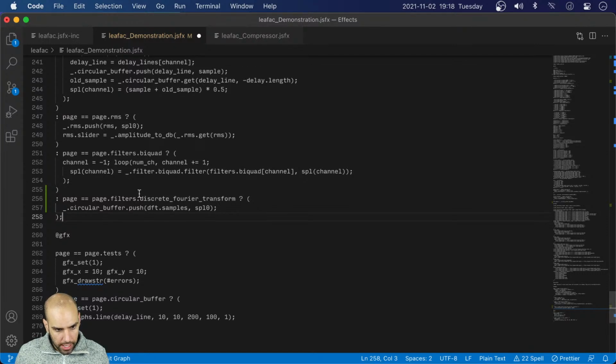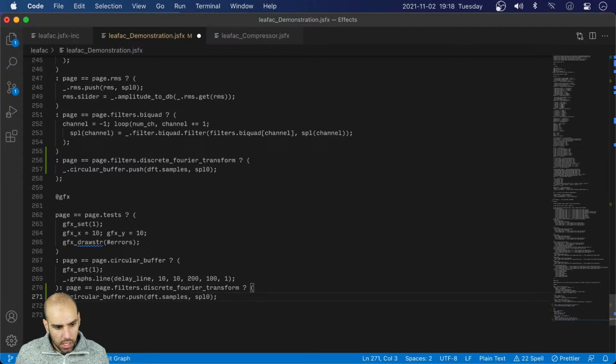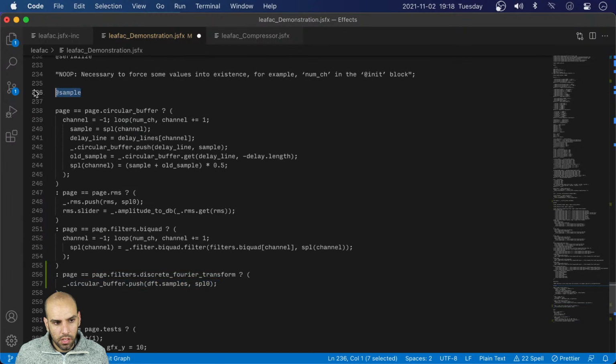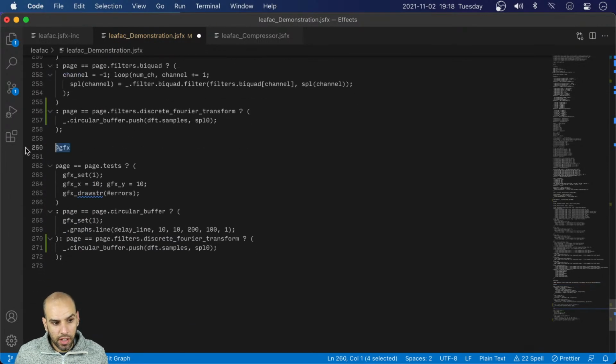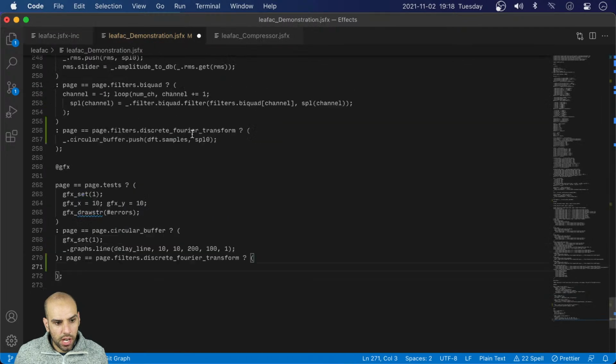Right, what is next? Well, when I am on that page, on the GFX block, I will need to compute the DFT. Now, I could compute the DFT over here, but that's a very slow operation, and I'm not going to show stuff as often as I calculate stuff, right? The sample block runs 48,000 times a second, the GFX block around 30 times. So it's much better for me to calculate the DFT over there. And that's what I'm going to do. So I need to also instantiate this real and imaginary stuff.